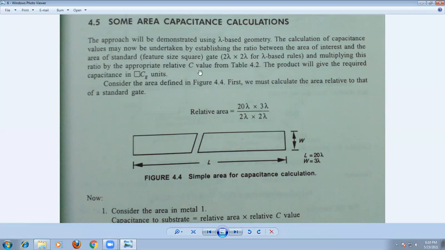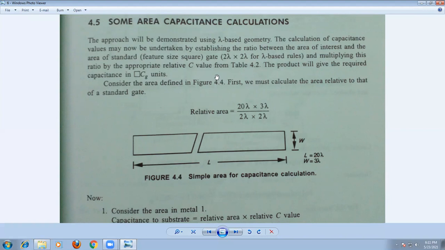Once again, I repeat: for any layer, first find the relative area and multiply it with the relative value of the C from the table, which gives the capacitance value in square Cz units.